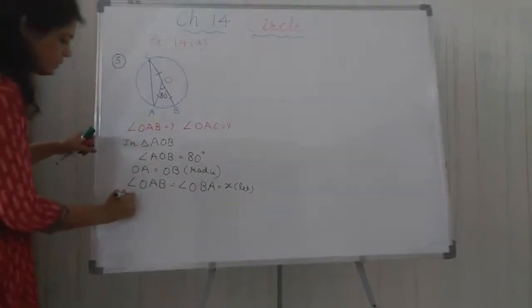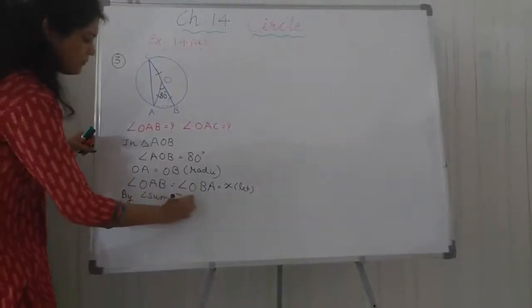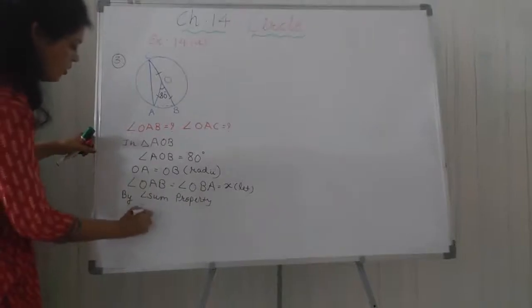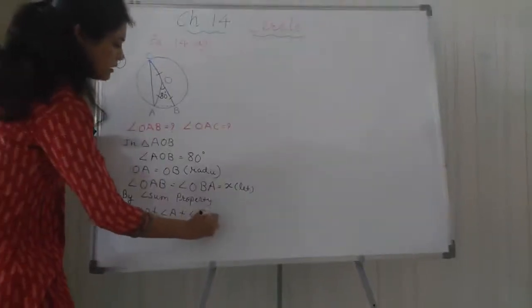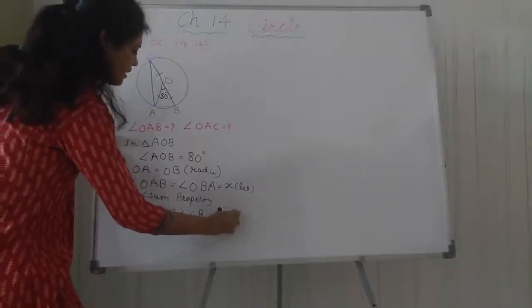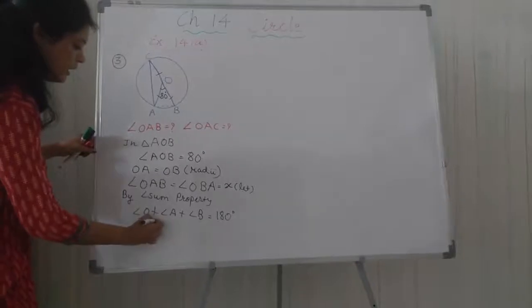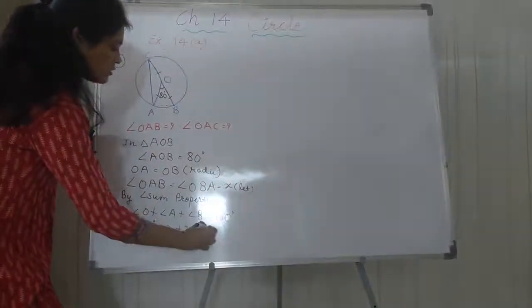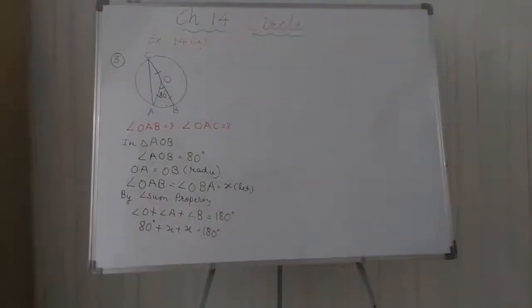So by angle sum property, angle O plus angle A plus angle B is 180 degrees. Here O is given to us as 80 degrees, and these two we have just taken as x.